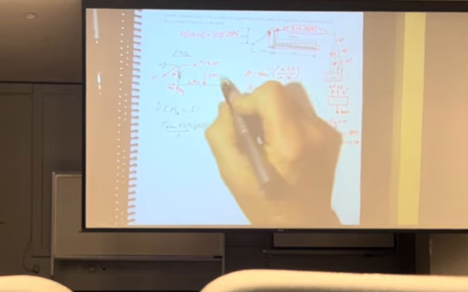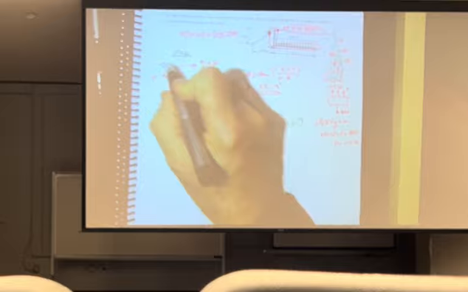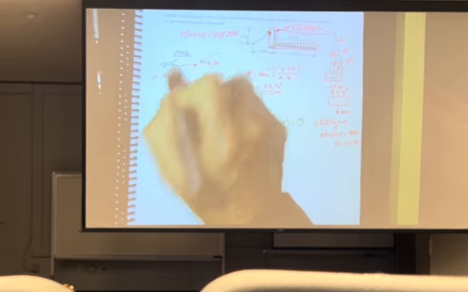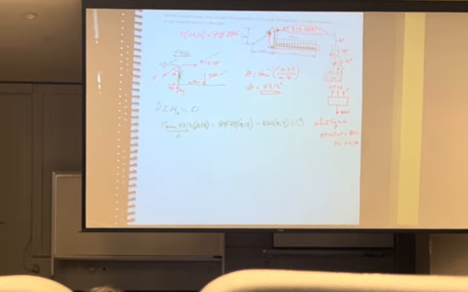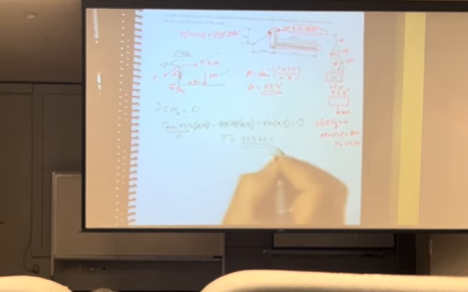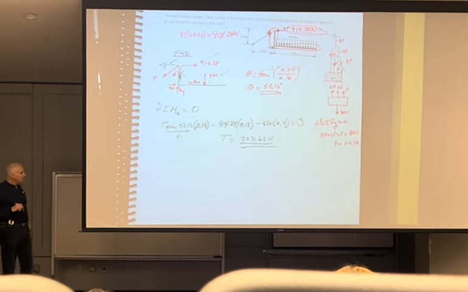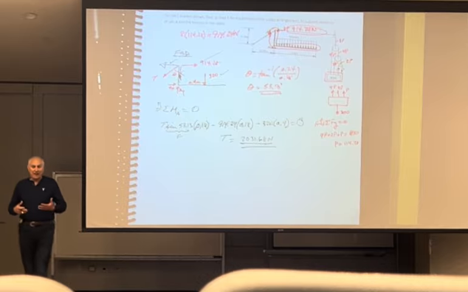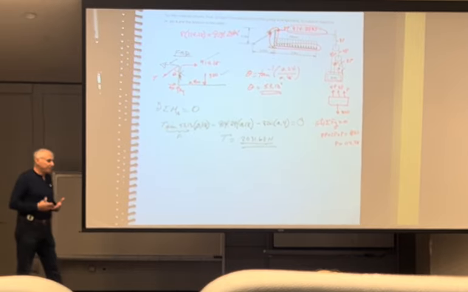So that's creating a moment, that's creating a moment, and this y component of the T is creating a moment. There they are. Well, guess what? That's one unknown. T comes out 2,031.68 newtons. Love it.